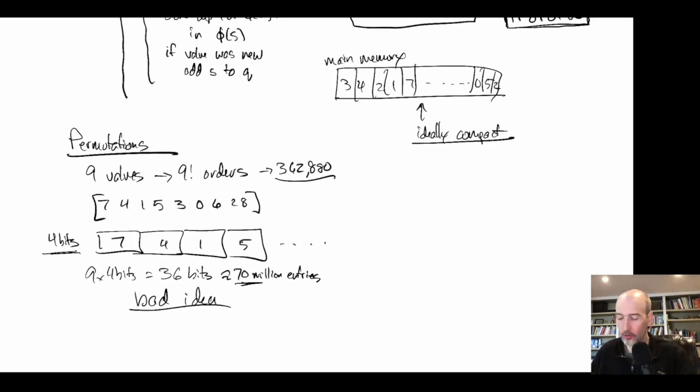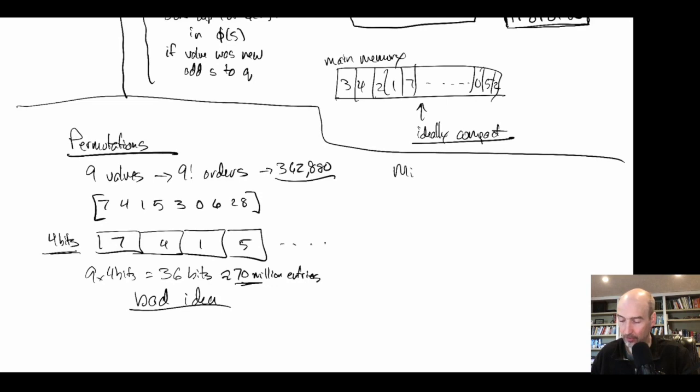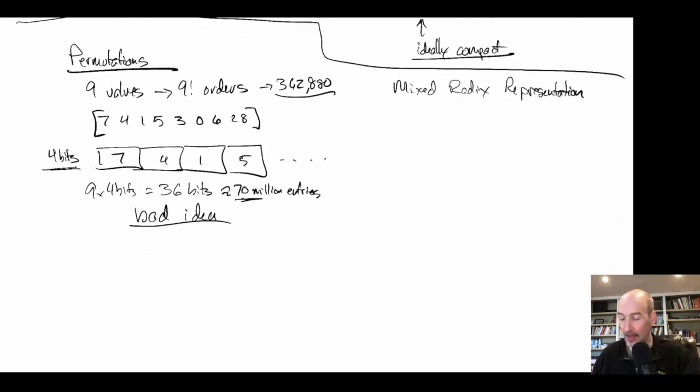So what we need is something called a mixed radix representation. What a mixed radix representation does is say that the numbers I have are not all the same base.